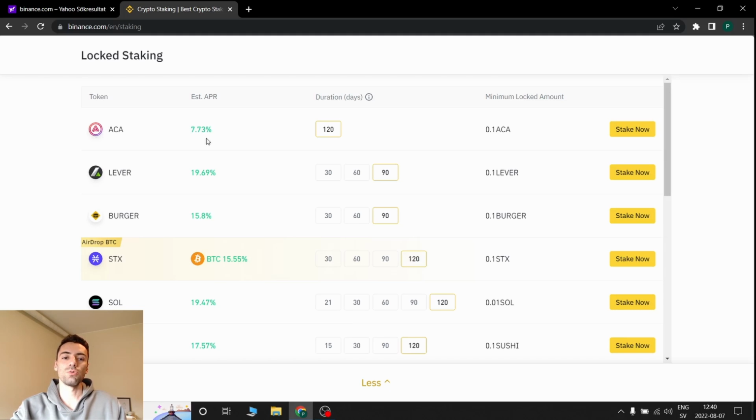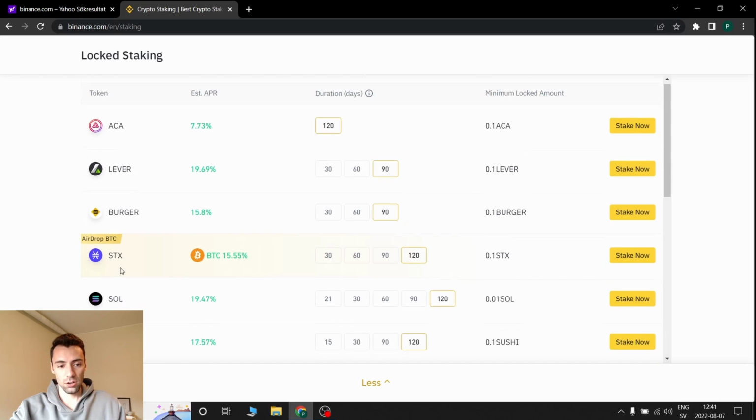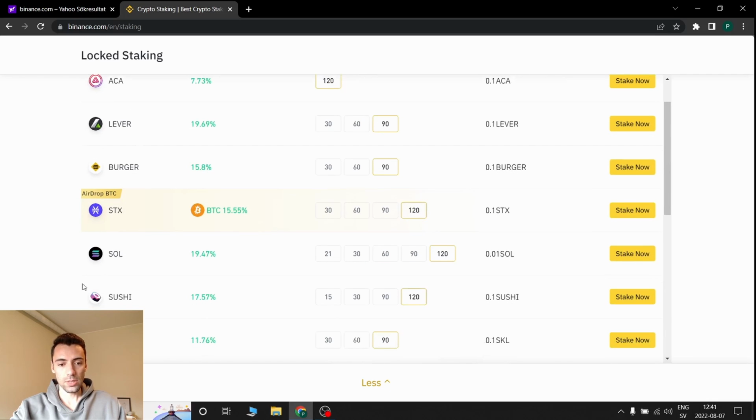It will give you around 8% per year. You have to lock your ACA tokens for 120 days, and the minimum amount of token that you must have is 0.1 ACA. And these are the other tokens.